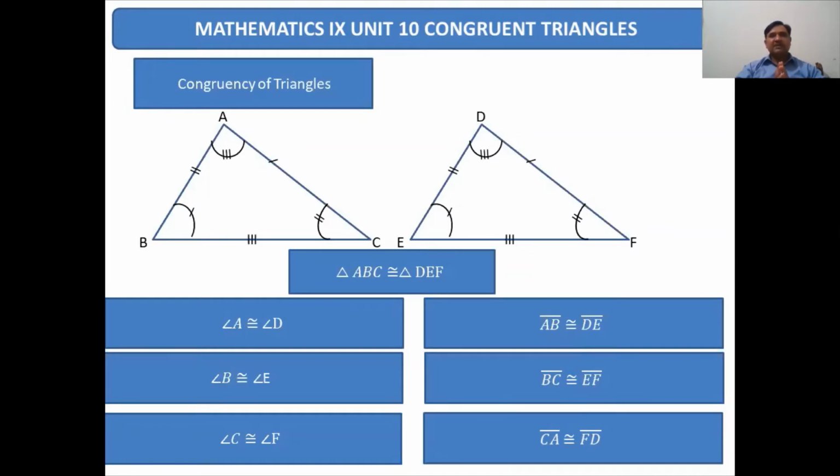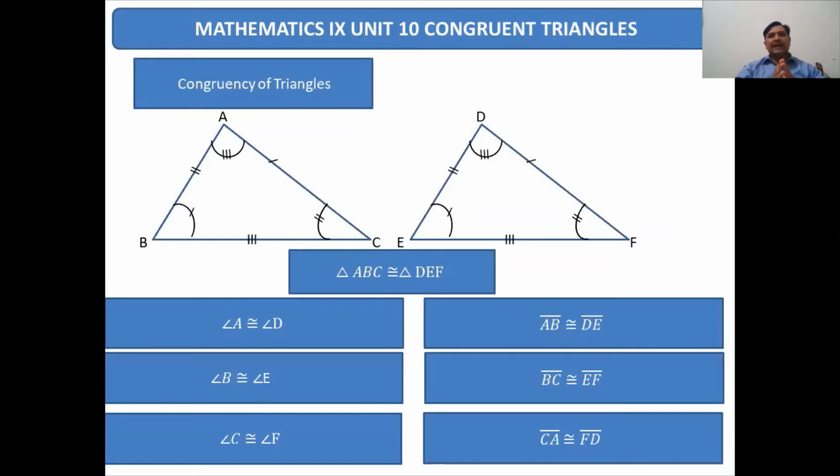Shape means the corresponding angles of one triangle are congruent to the other triangle, and the size means the corresponding sides of one triangle are congruent with the corresponding sides of other triangle. So congruency means these triangles are equal with respect to size and with respect to shape.